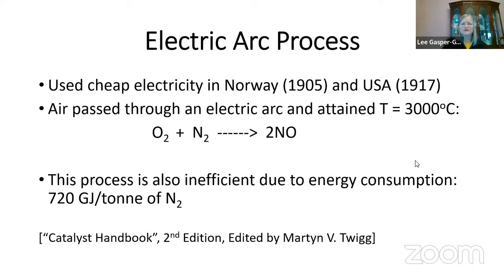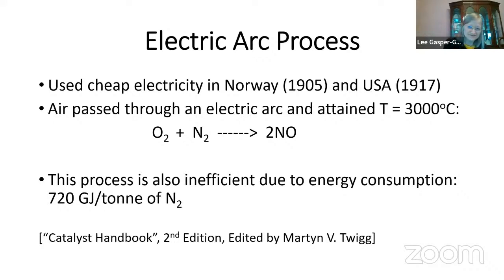Now, when we turn to the electric arc process, they had used cheap energy in Norway in 1905, and I assume that was probably hydroelectric power. And then also here in our country in 1917. In this process, air was passed through an electric arc at a temperature of 3,000 degrees centigrade.